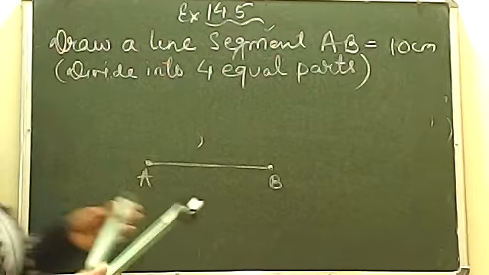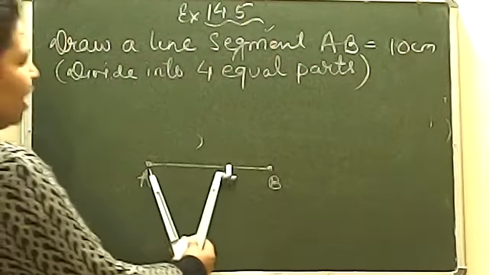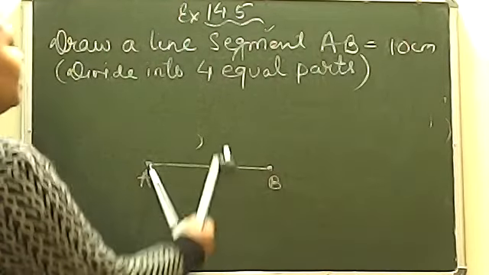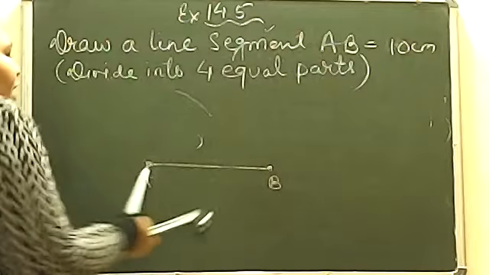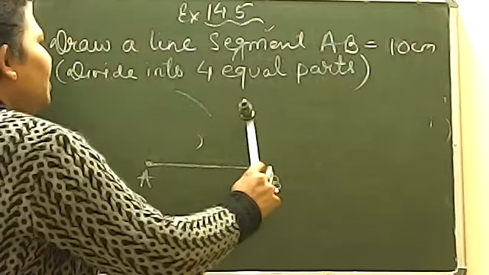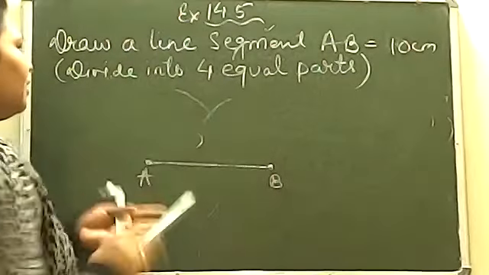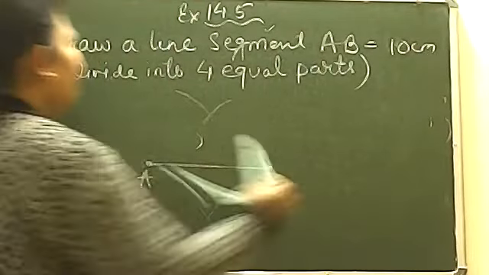So I will be taking my compass. I will open it more than half. More than half is compulsory to take, beta. Now upward direction, downward direction. The similar process from end point B, one here up and one here down.